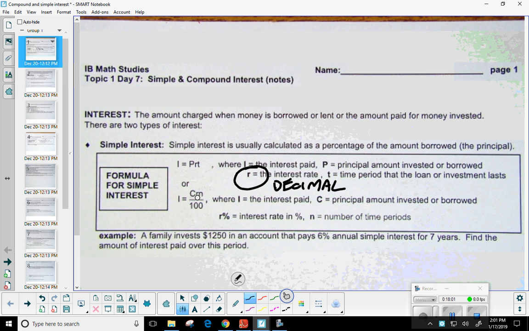R is still your interest, but it's the actual percentage. How would you convert a percent to a decimal? You divide by 100. That's why we have the formula set up this way. And here, N is just the number of time periods. Personally, I like to go with I equals PRT because I think it's way simpler, but either one is going to work.